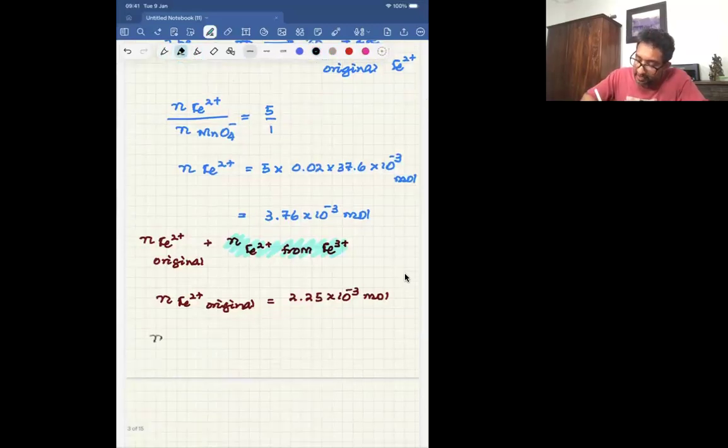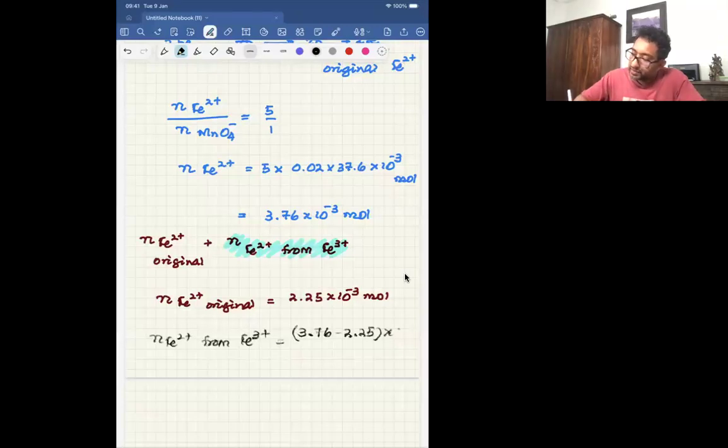So the number of moles of Fe+2 from Fe+3 is equal to 3.76 minus 2.25 times 10 to the power minus 3, which gives you 1.51 times 10 to the power minus 3. So this is the number of moles of Fe+2 from Fe+3.